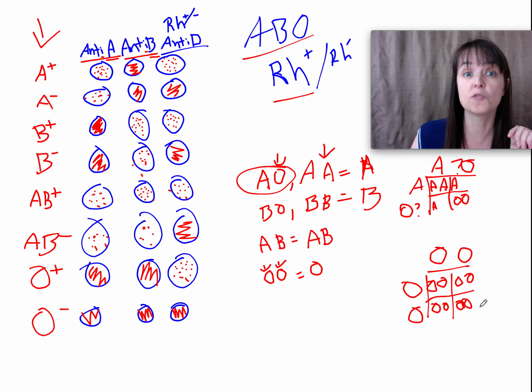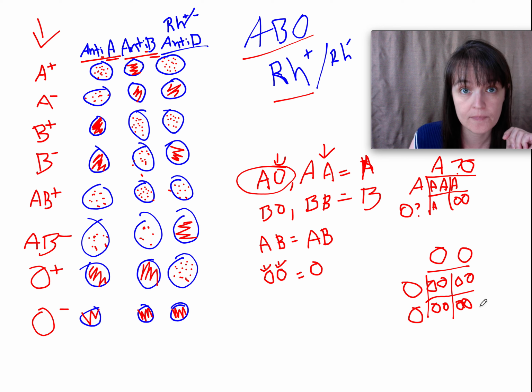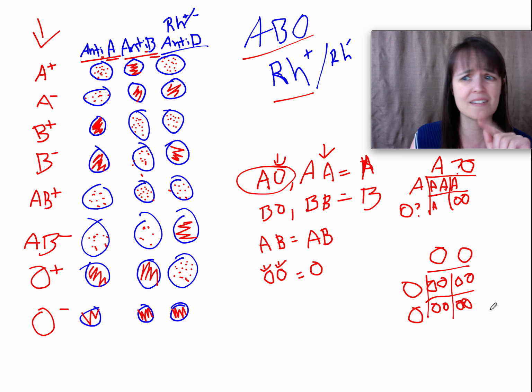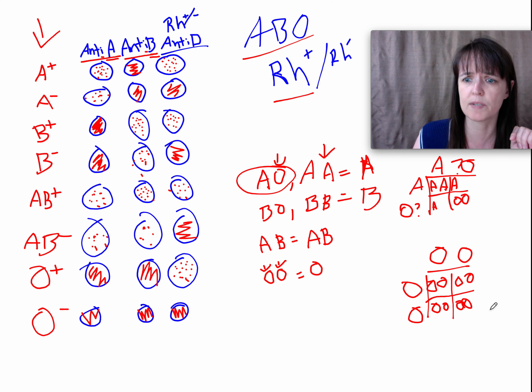It is not possible for 2 type O individuals to have anything but type O kids. So if 2 type O individuals have a type A kid or a type B kid or type AB kid, something happened, but this is not what happened.